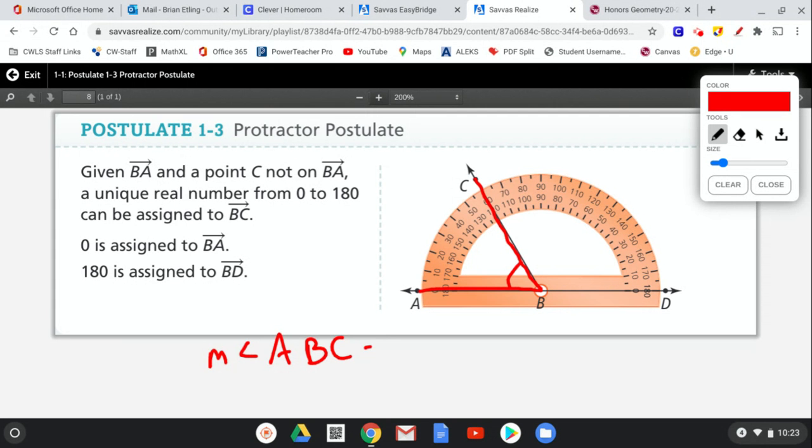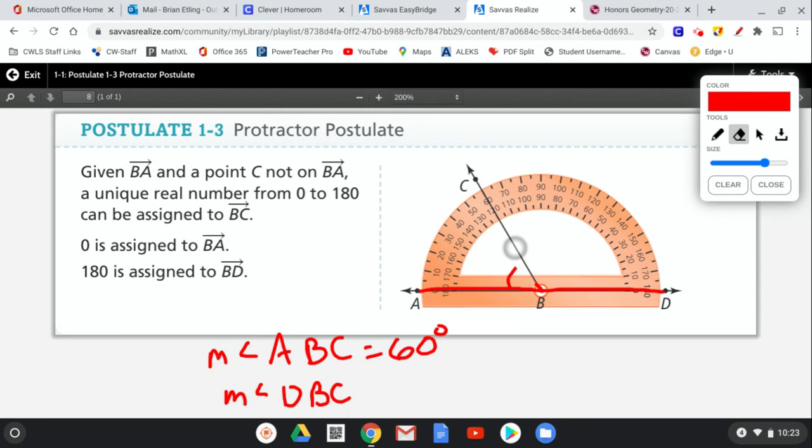Now if you notice, B has multiple angles. That's why we can't use angle B, because we don't know what we're talking about. If I ask for the measure of angle DBC, notice B is the vertex, so it is in the middle, D to B to C. I'm going to look at the numbers below it.